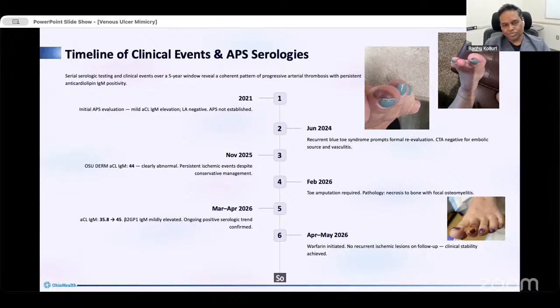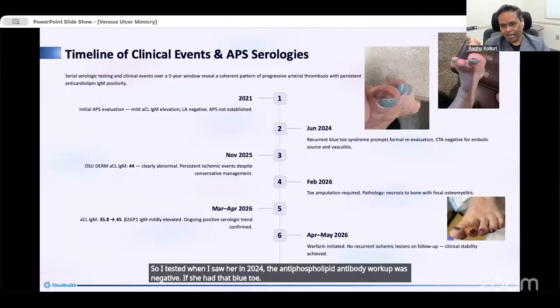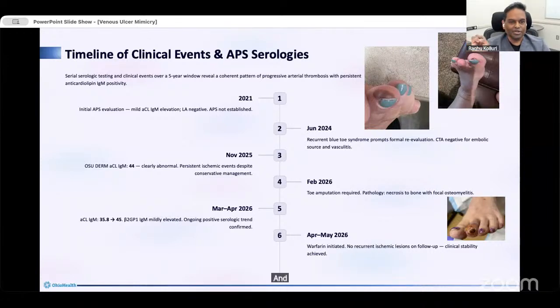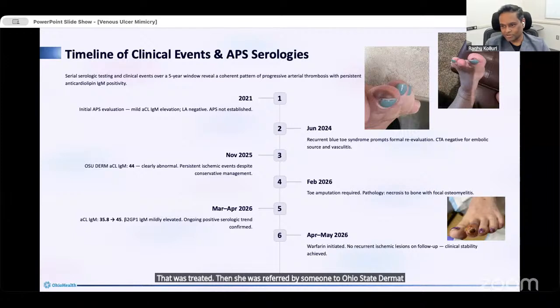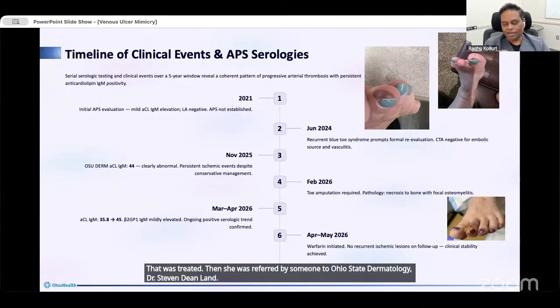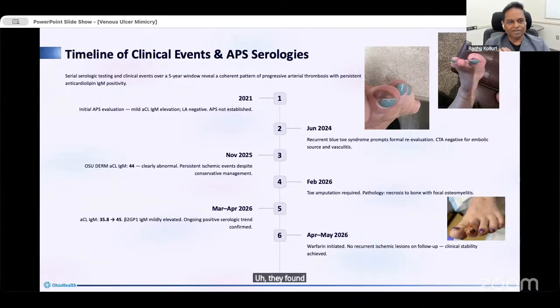So I tested when I saw her in 2024, and the antiphospholipid antibody workup was negative. She had that blue toe, had the venous ulcer that was treated. Then she was referred by someone to Ohio State dermatology, Dr. Stephen Dean. They found a mild elevation in the IgM of the anticardiolipins.